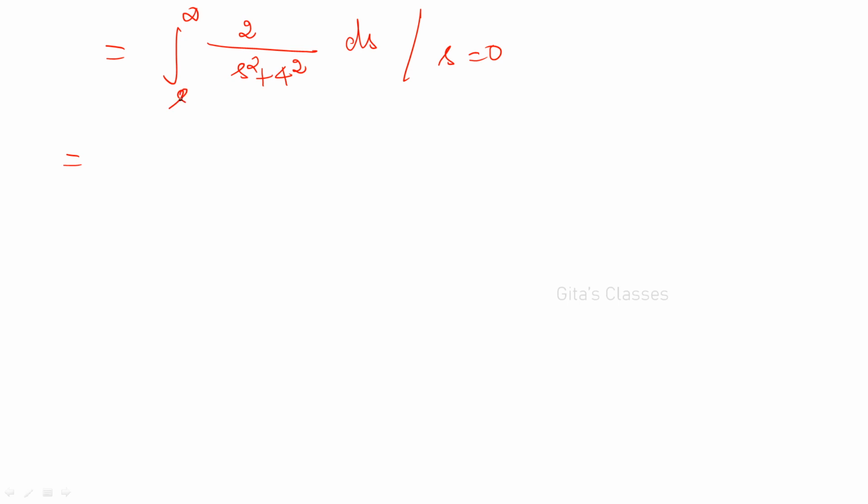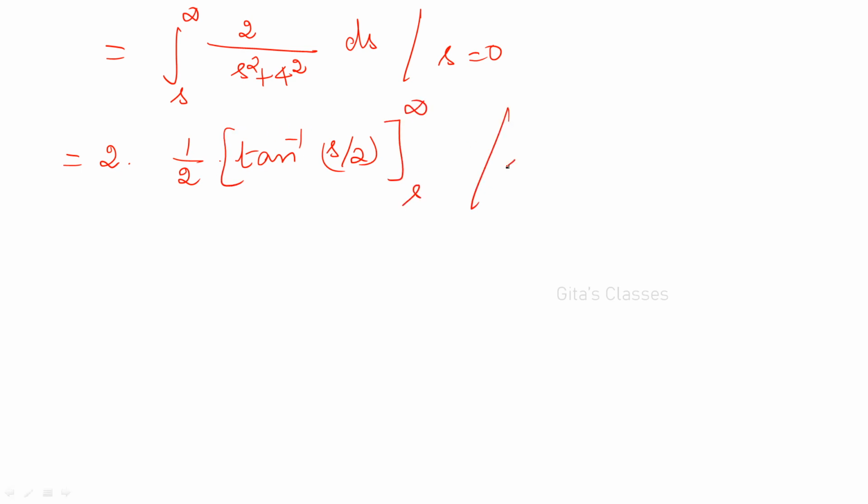So what is this? Integral s to infinity, 2 I can take outside. What is the integral of 1 by s squared plus 2 squared? 1 by 2 into tan inverse of s by 2 from s to infinity at the point s is equal to 0. So this 2 and 2 will get cancelled.